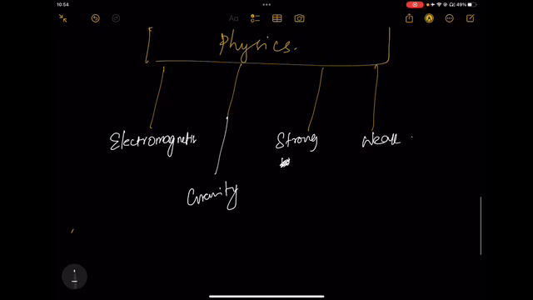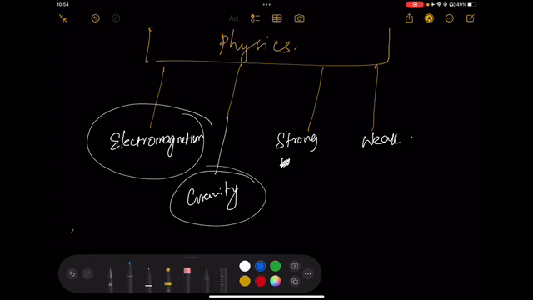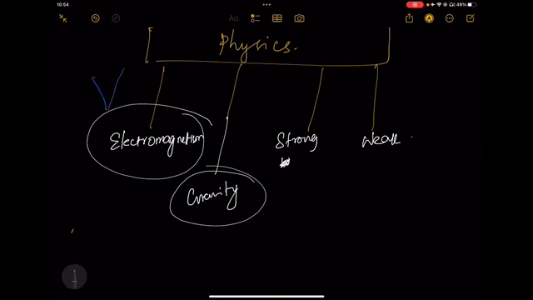So there are totally 4 forces. Basically, as an engineering and college student, you are expected to know these 2 forces: electrostatics and electromagnetism, and gravity, the gravitational force. Here, this electromagnetism actually has a dual nature.